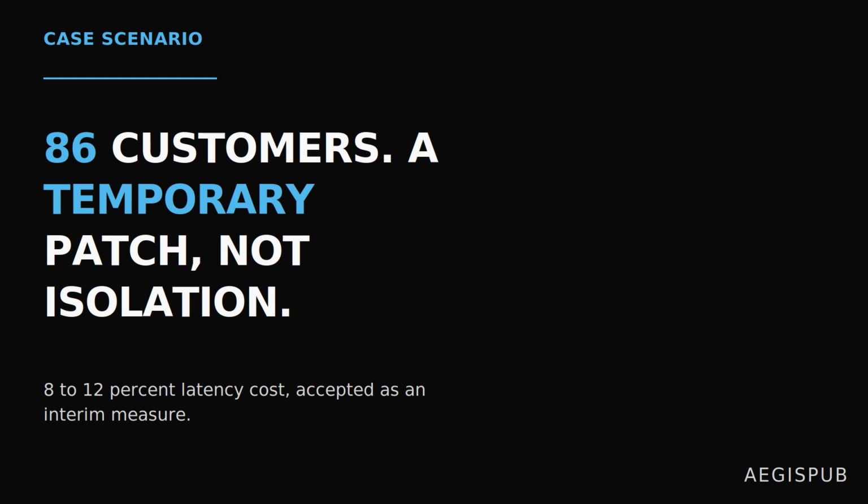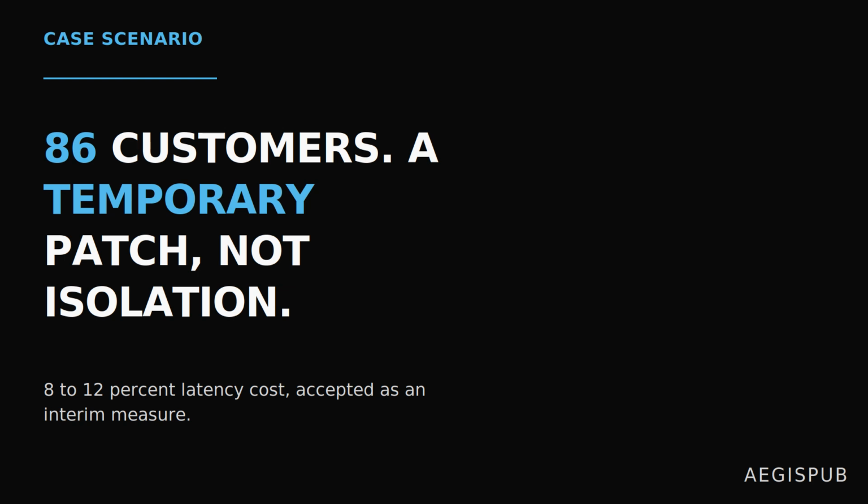The remaining 86 customers receive a general security advisory about the vulnerability and the operating system mitigations applied, with a technical summary of the residual risk and an offer to discuss dedicated hosting options.